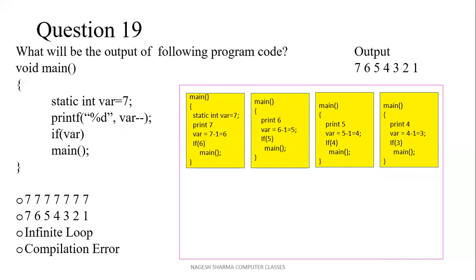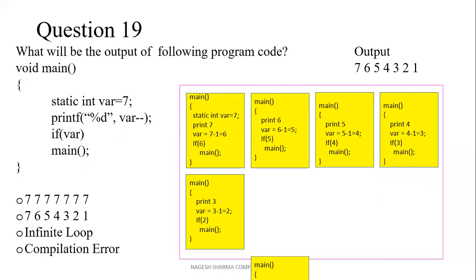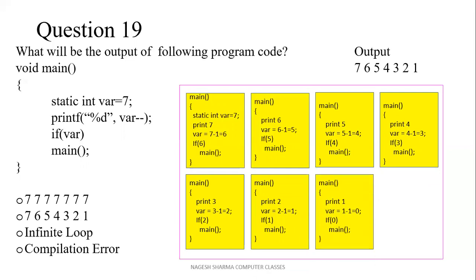The value of var will become 3, and if 3, it will again make a call to the main function. Similarly, it will make a call to main again and again until the value becomes 0. In the next calls it will print 3, then 2, and 1.